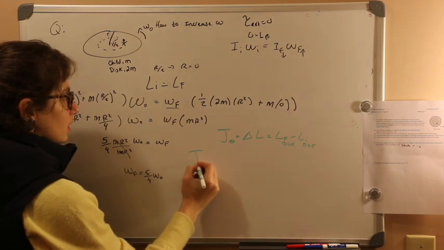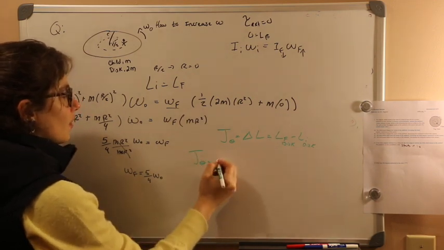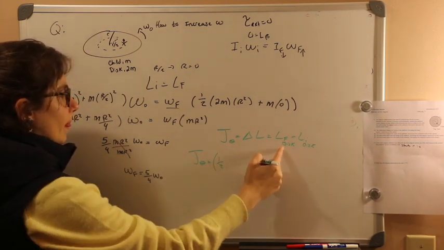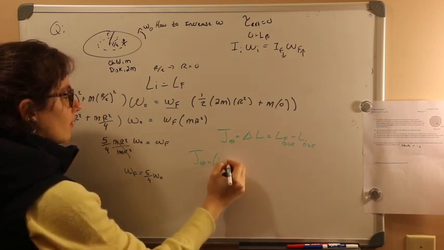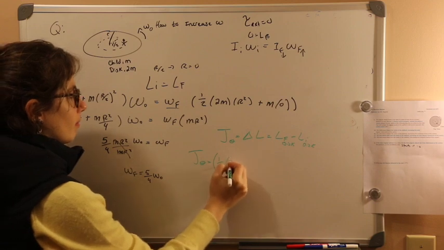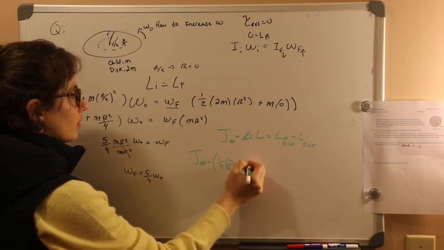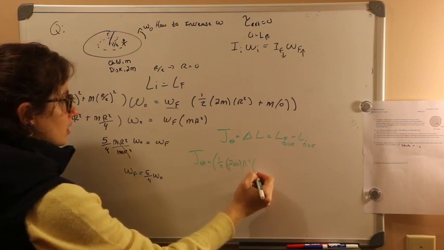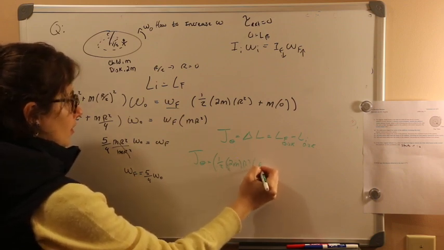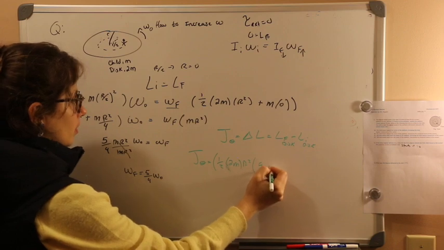If we go to fill this in, our final L is going to be I omega, where we have 1/2 2m r squared. That's our I value. Our omega final value is 5/4 omega naught.